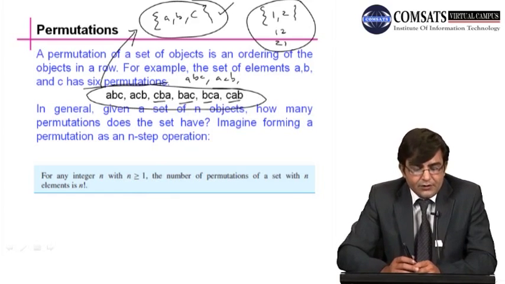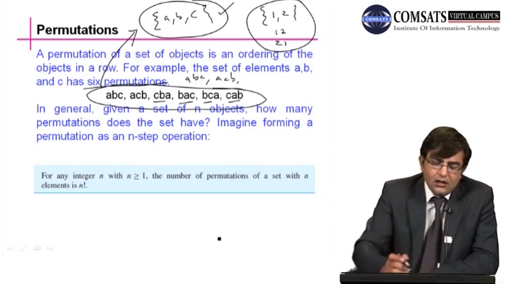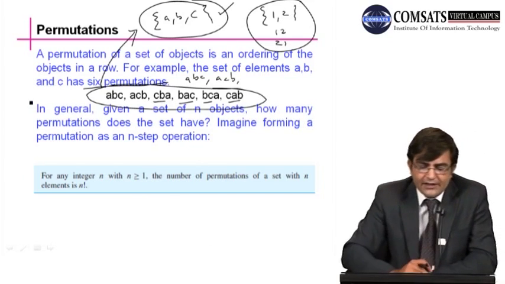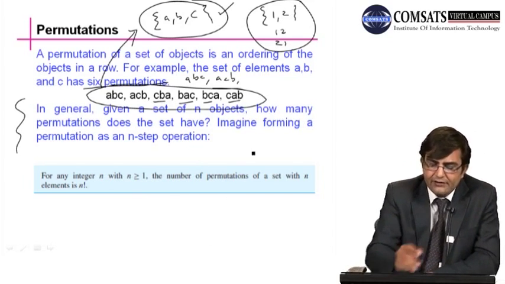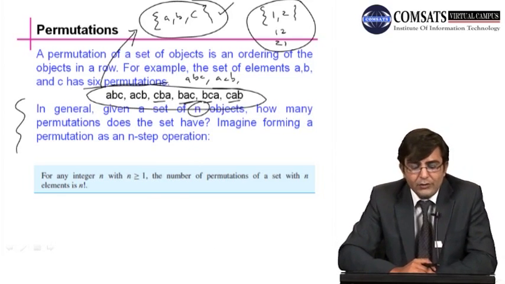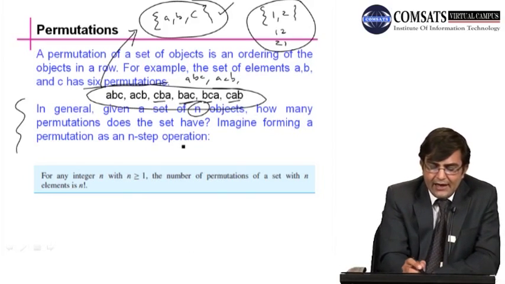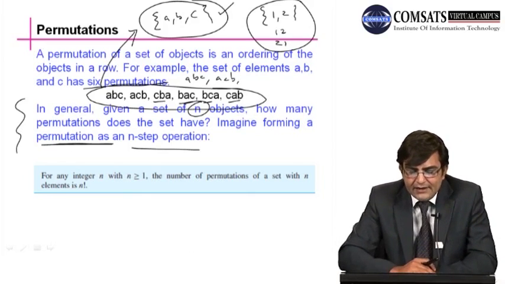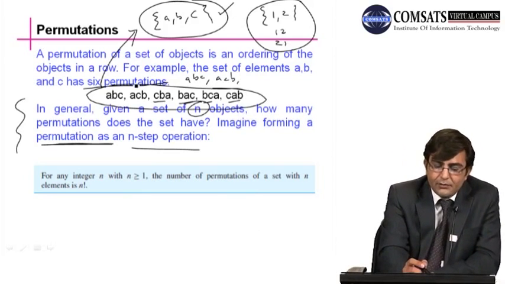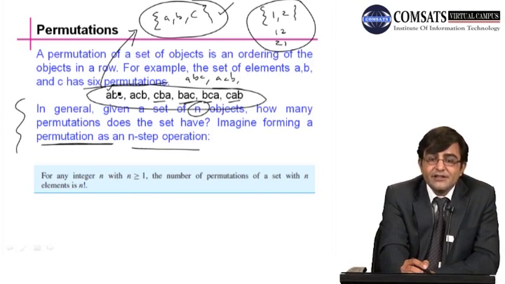So what is the application of permutation? In general, if a given set has n objects, how many permutations does the set have? Imagine forming a permutation as an n-step operation. Basically, in a permutation, if one letter has been used in the first place, then this letter cannot be repeated.